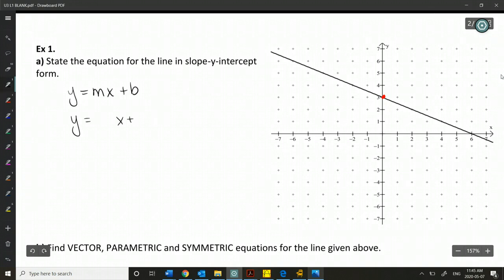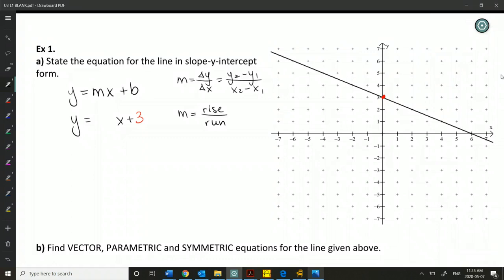And our m, we can find in a couple different ways. If I have 2 points, I can do delta y over delta x, which is y2 minus y1 over x2 minus x1. Or we also know that slope, or m, represents rise over run.